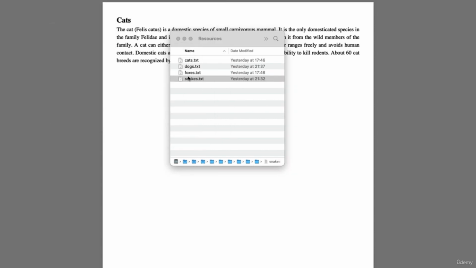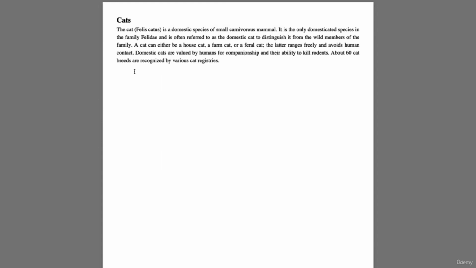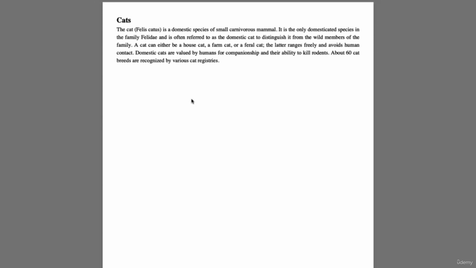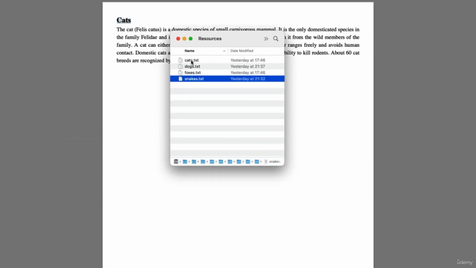You should create a program which produces one PDF document of multiple pages, and each of the pages will have this kind of information. First, it has the name of the text file. So if the text file name is cat.txt, here it should be Cats with a first capital letter.